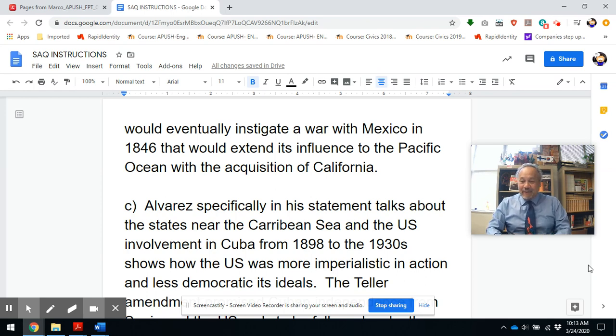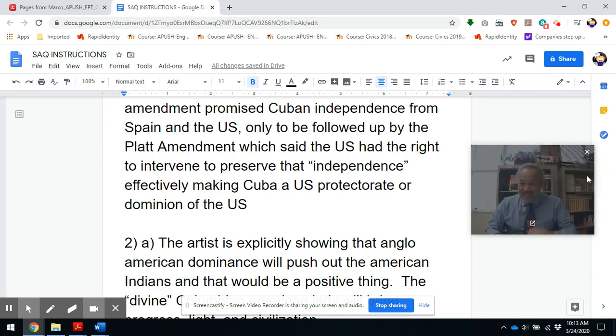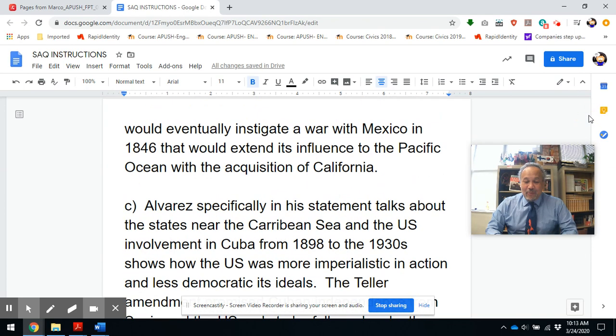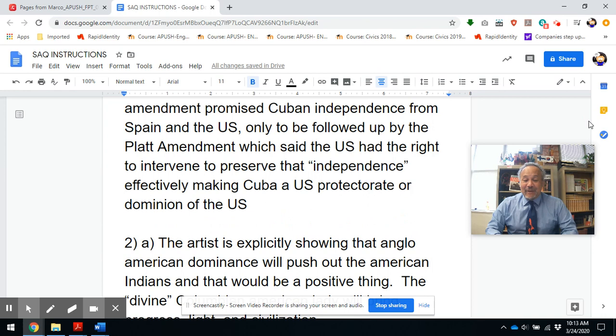The Teller Amendment came first, and it said, hey, once we kick Spain out of Cuba, we will leave you independent.